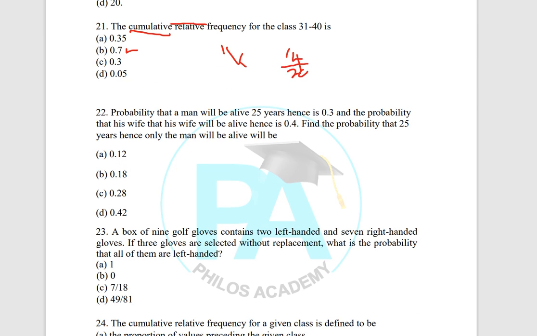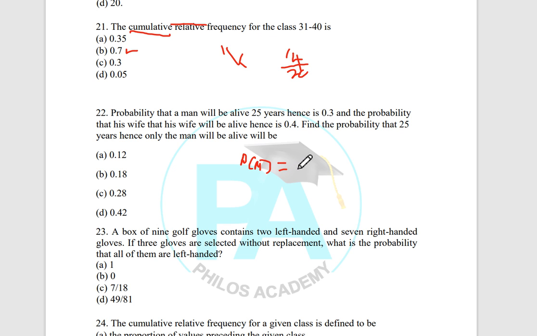The next question says, the probability that a man will be alive 25 years hence is 0.3, and the probability that his wife will be alive hence is 0.4. Find the probability that 25 years hence only the man will be alive. Now, what's the probability that the man will be alive according to the question?